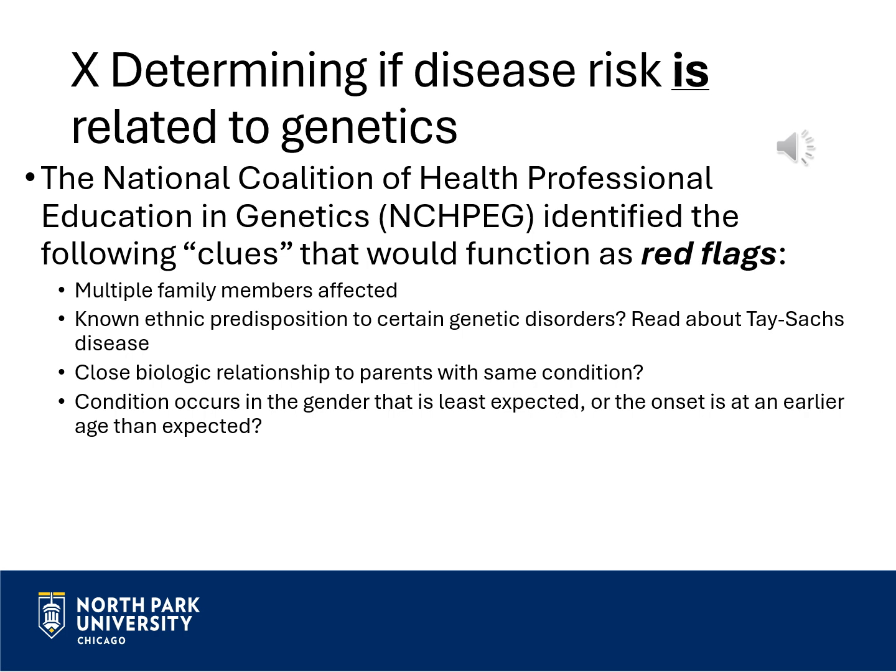This PowerPoint slide lists some red flags that might help to lead to a conclusion that there is a strong genetic correlation. So for instance, the second bullet point there: is there a known genetic predisposition to certain genetic disorders? An example of that is Tay-Sachs disease.